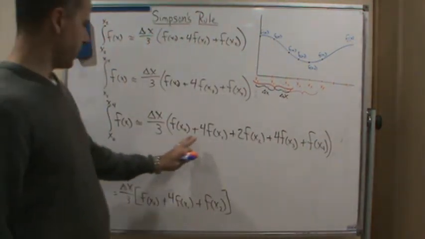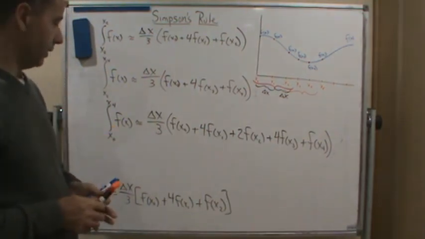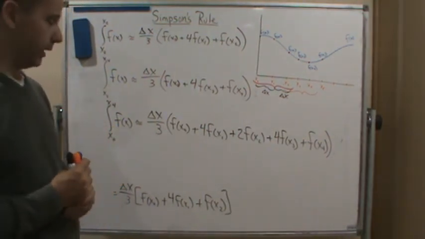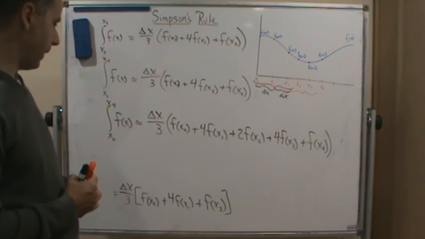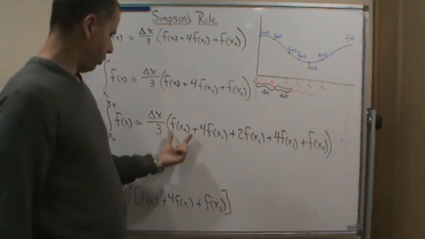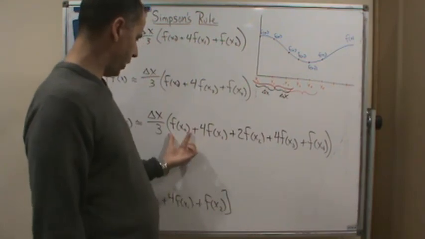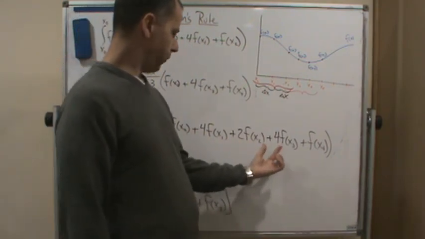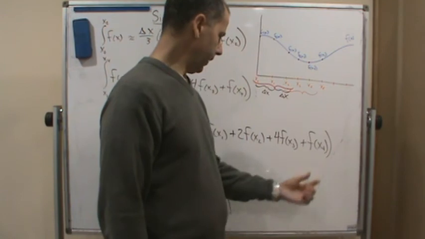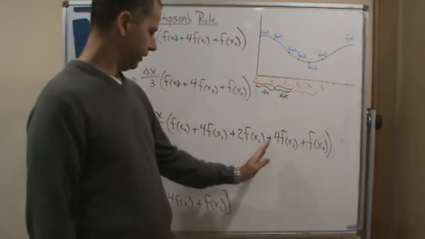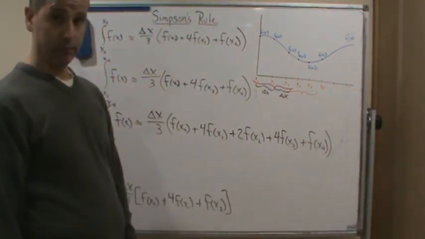And so now you start to see the pattern come out. So we start with the first point, and then we go 4. So 1, 4, 2, 4, and then back to 1. So it has this alternating pattern here.